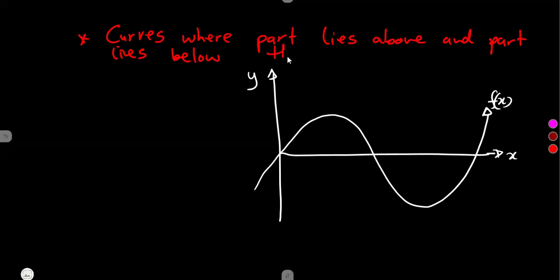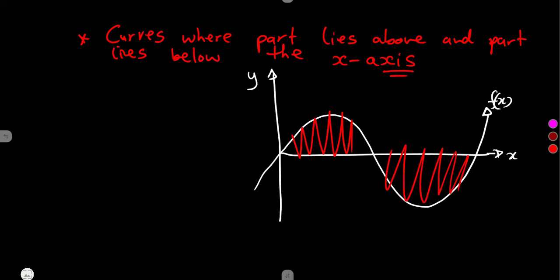So how do we treat such functions where a certain piece is found on top and another piece is found below? If we were to calculate this area, let's say we've got our limits.